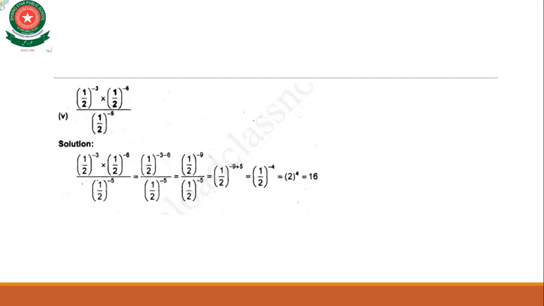So the equation will be (1/2)^-4, which means we just take the reciprocal to make the power positive. By taking the reciprocal, we get 2^4 over 1^4, and we know that 1^4 means 1. That's why we ignored it, and the answer will be 2^4, which is equal to 16.